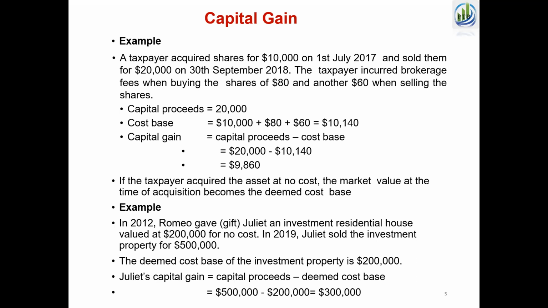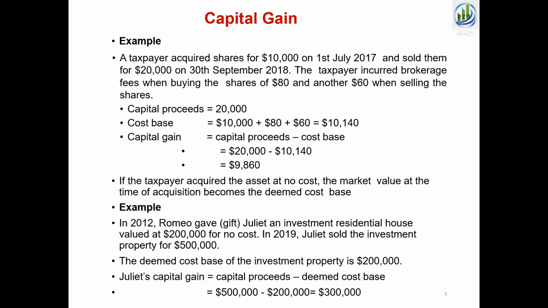So for Juliet, even though she did not pay any money for that purchase, on the date the property was transferred to her, the market value, which you can get from the valuer, is going to be considered as a cost base, or we use the terminology deemed cost base. At the same time, Romeo did not receive any income.